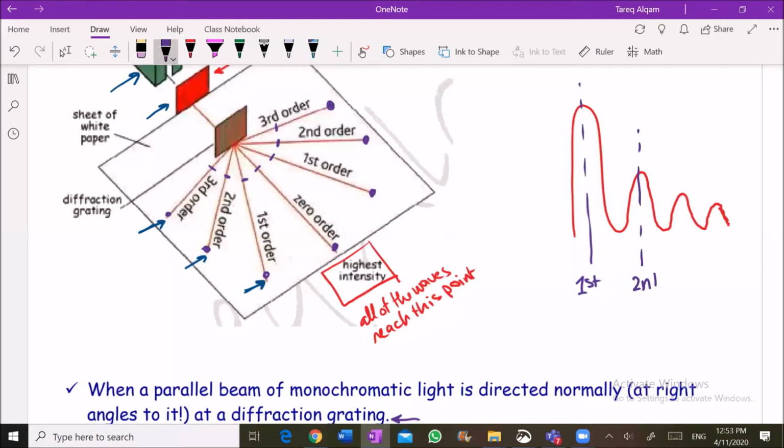Sorry, this is the zero order. Now we start counting from zero. Zero, first, second, and so on. Here as well, also. The intensity decreases away from the center.